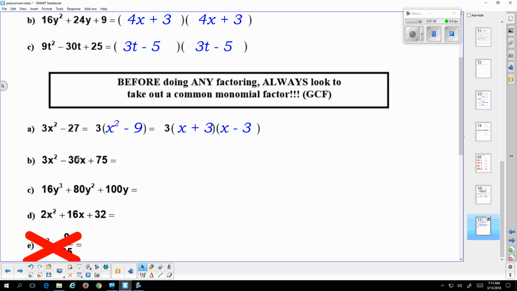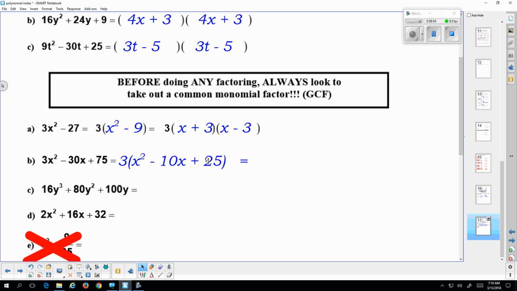So in B, is there a GCF? Is there something I can divide all 3 of these by? Yeah, I can divide them all by 3, so I can factor out a GCF of 3. If I divide everything by 3, 3 divided by 3 is 1. Negative 30 divided by 3 is negative 10. And 75 divided by 3 is 25. And then I have a perfect square trinomial, because I have a perfect square in the front, perfect square in the back.